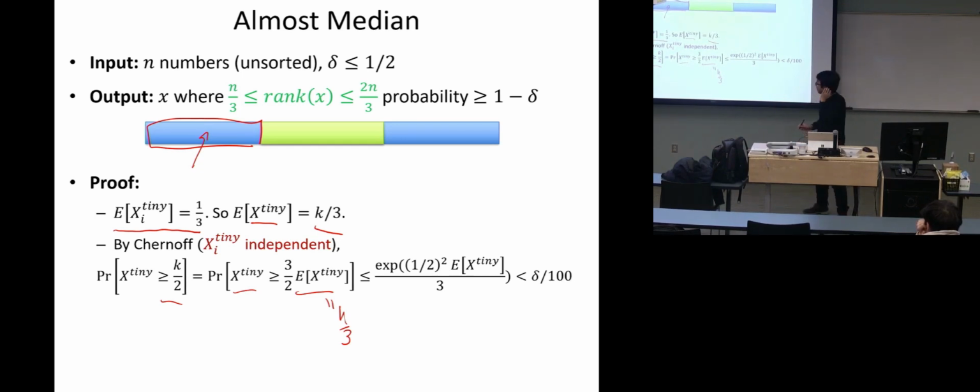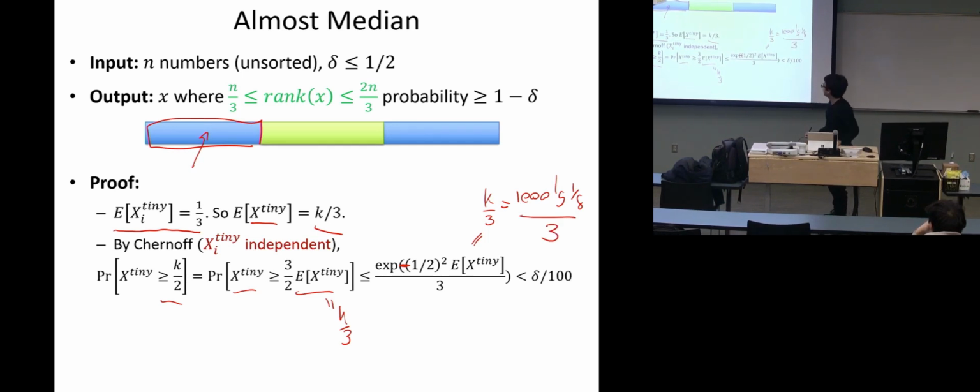Now you plug in the Chernoff bound. There should be a minus here. And x tiny is something like k over 3, and for k, I just choose the constant to be large enough so that I don't need to think much about it.